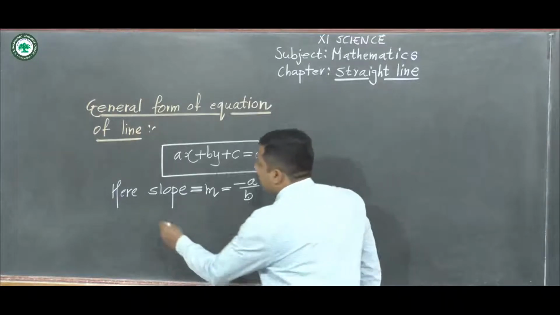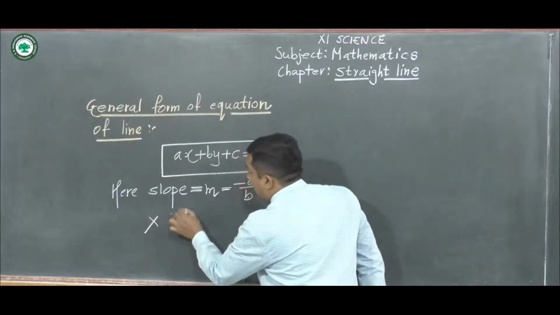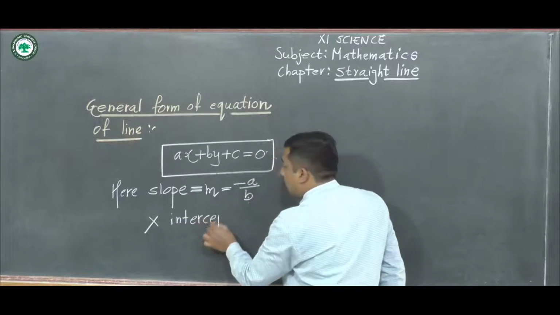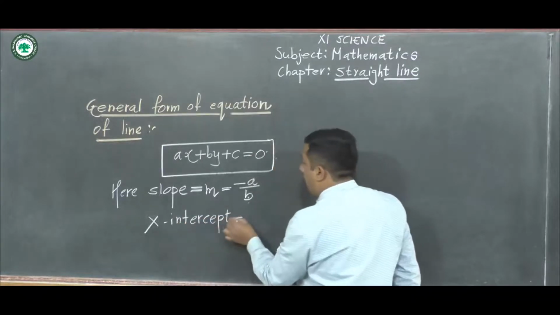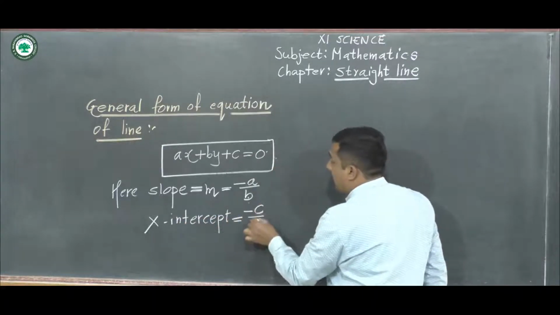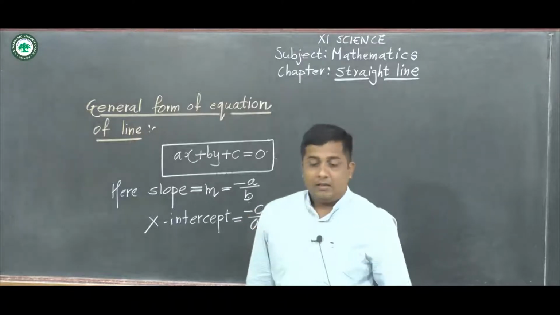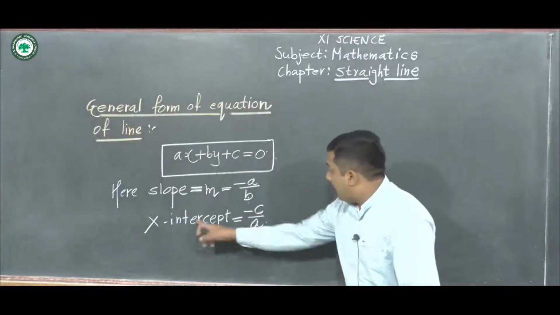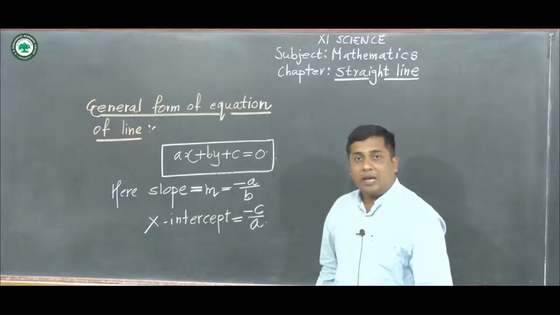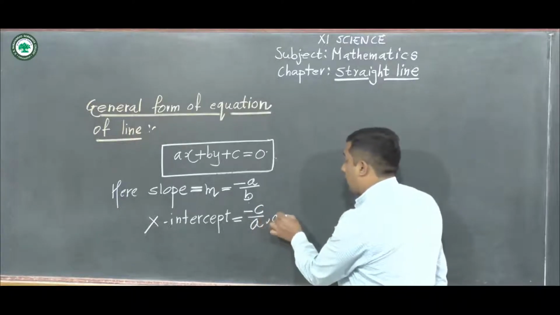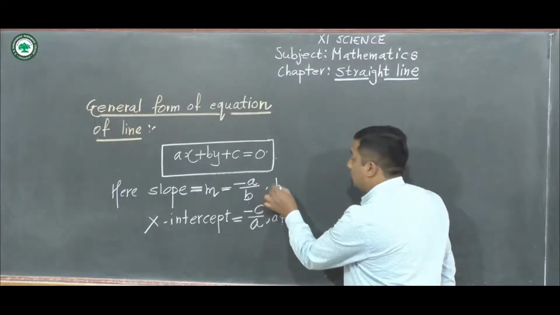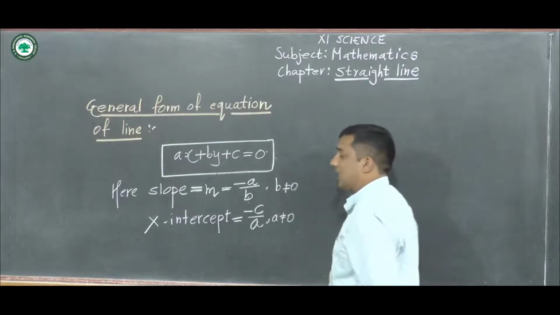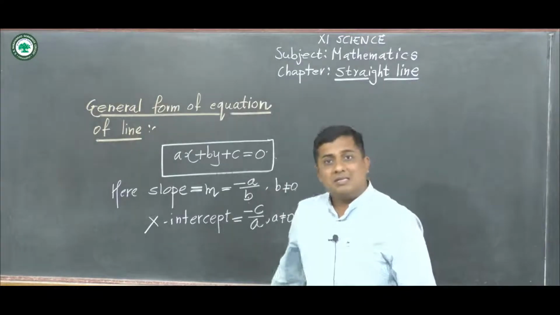Now we define the x-intercept. The x-intercept is always of the form minus c by a. Remember, the x-intercept is minus c upon a, and here a is not equal to 0. In the slope formula also b is not equal to 0, that is, the denominator is not equal to 0.